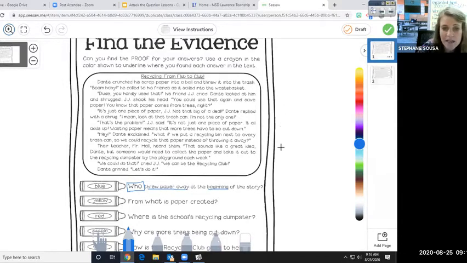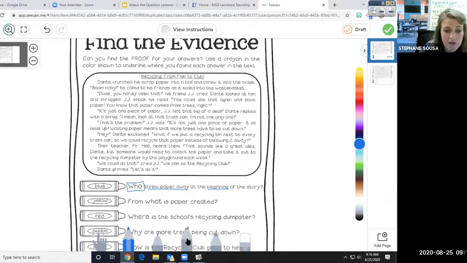I have not even started reading the text yet, and that is on purpose because I need to understand what I'm looking for before I read this text. Who threw paper away at the beginning of the story is what I'm looking for. Beginning tells me to go to the top, so I will start reading. Dante crunched his scrap paper into a ball and threw it into the trash can. Who was Dante?